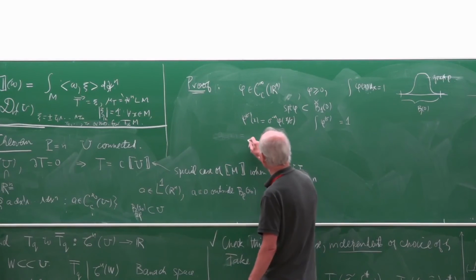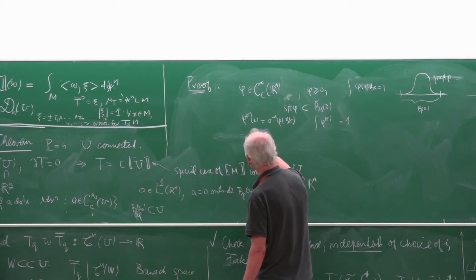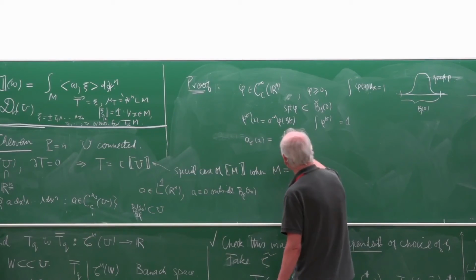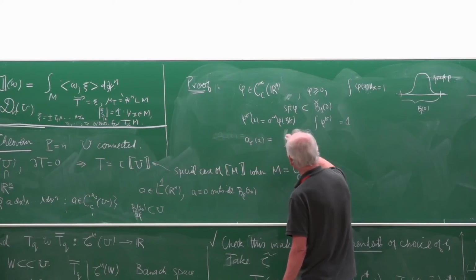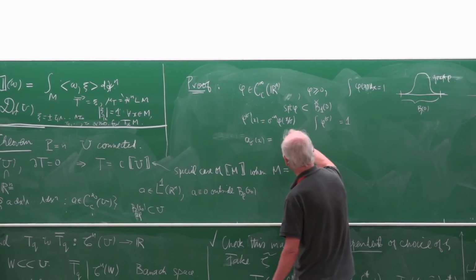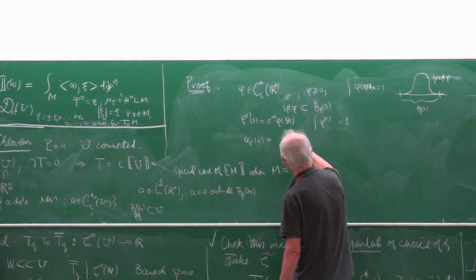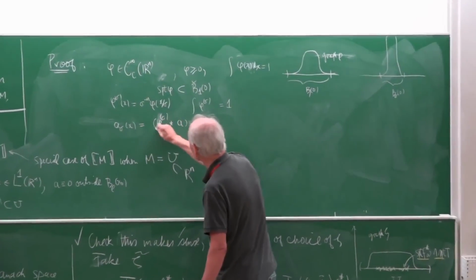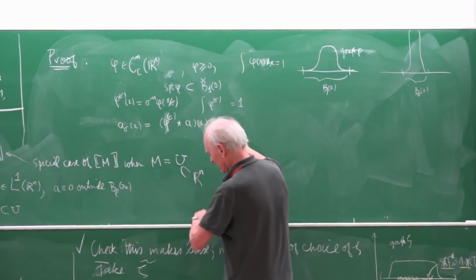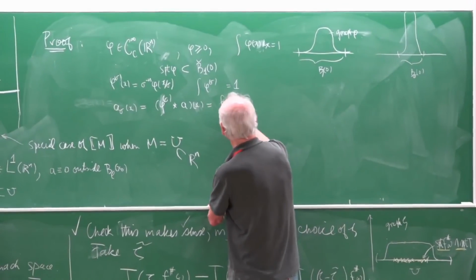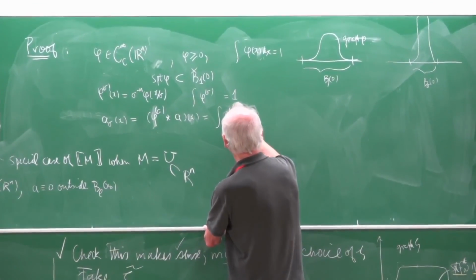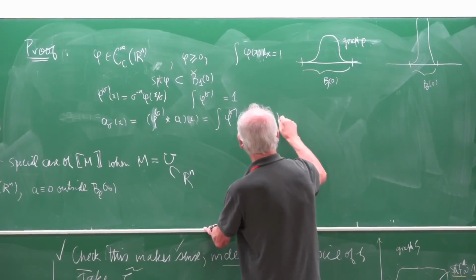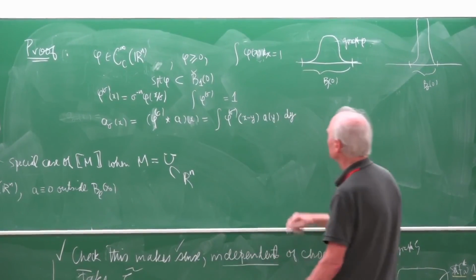Then you define the mollified version, A sigma of x. That's just the function you get by taking the convolution with this mollifying function. If you want to write it out, this mollified function of x is equal to the integral of phi sigma of x minus y times A of y dy.